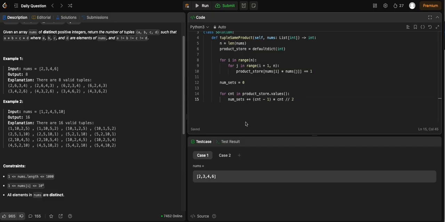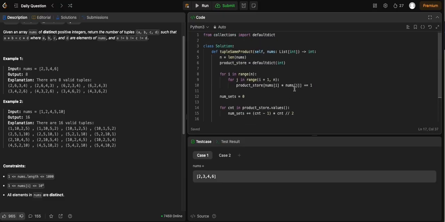Well, we can check: if the count is 1, this will be 0. If the count is 2, this is going to be 1. 3, it'll be 3. Yeah, so that works. And then at the end, we just want to return the number of sets times 8, returning the number of tuples.